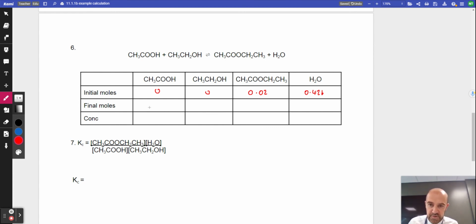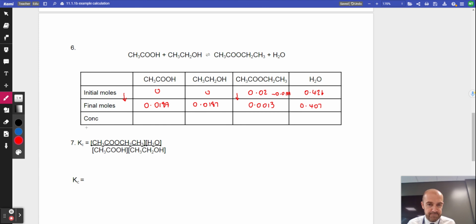The final number of moles of ethanoic acid we've calculated as 0.0187. That means that the number of moles of ethanol would be the same. However much these two have gone up by, these two will go down by the same. So we're going to do here minus 0.0187, which gives us 0.0013 moles.